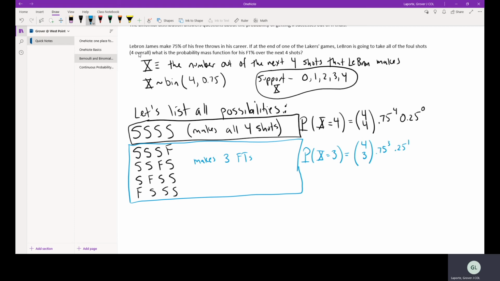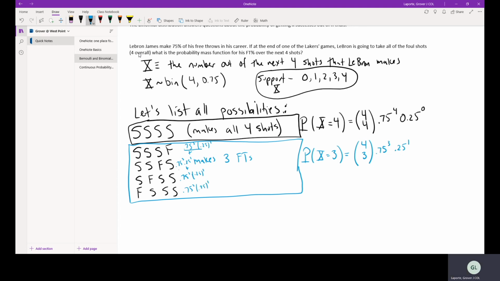So this is the number of those. This one would be 0.75 to the third times 0.25 to the first, plus 0.75 to the third times 0.25 to the first, plus 0.75 to the third times 0.25 to the first, and then the same exact thing again.